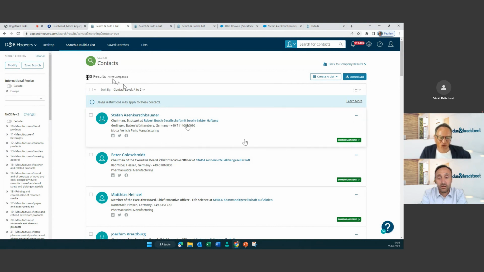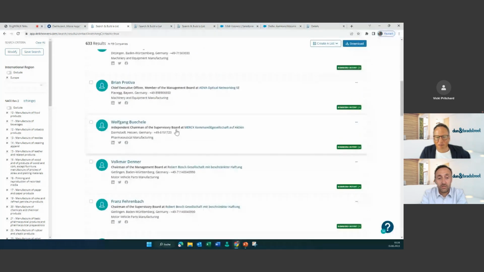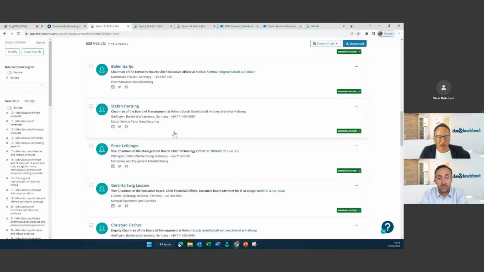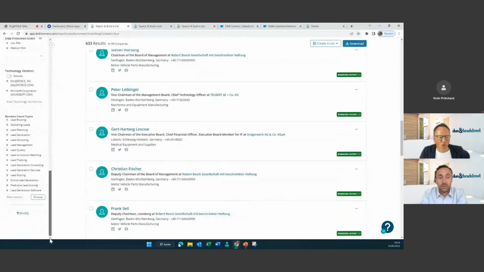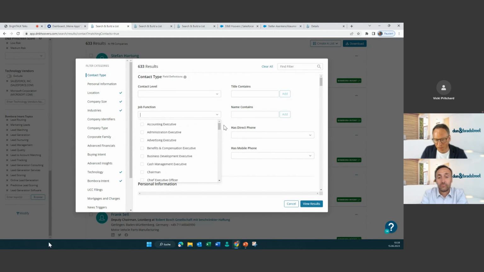Again, way too much for me, especially because I find positions that I might not be interested in. I'm only looking for those. If I modify those contact search, I'm looking for what can I choose? The contact level. On one hand, I can choose job functions that are already put in some standardized categories.